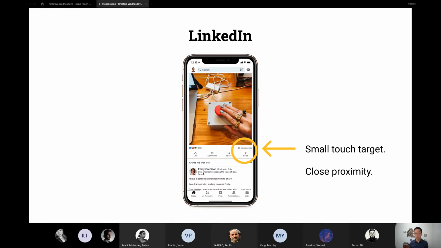This touch target was too small. It was too close to these other buttons, which had a little bit more hierarchy or a little bit more priority. And so I was not able to have the interaction I wanted. The touch target was not doing what its function should be. Now, you could argue the designers did not have comments as the primary function here. Maybe they wanted to have send be more prevalent than comments.